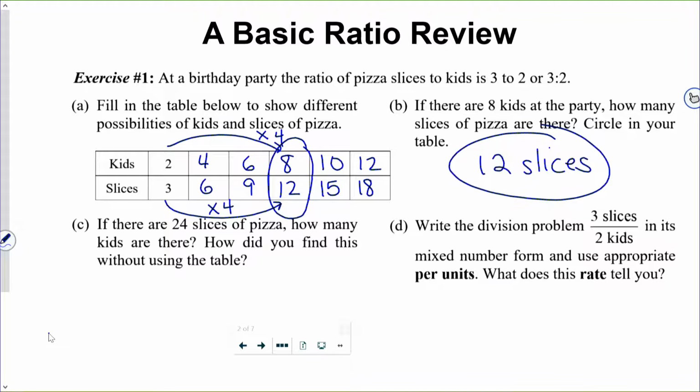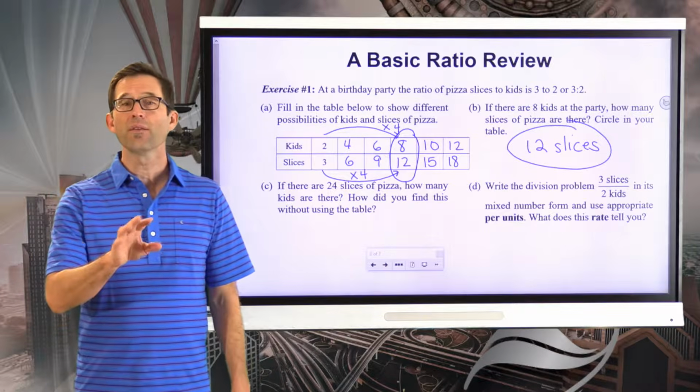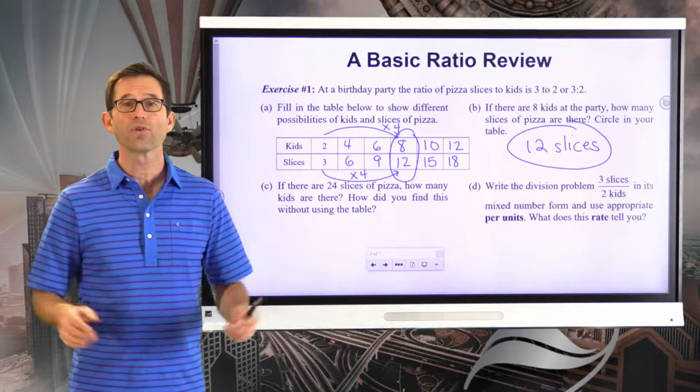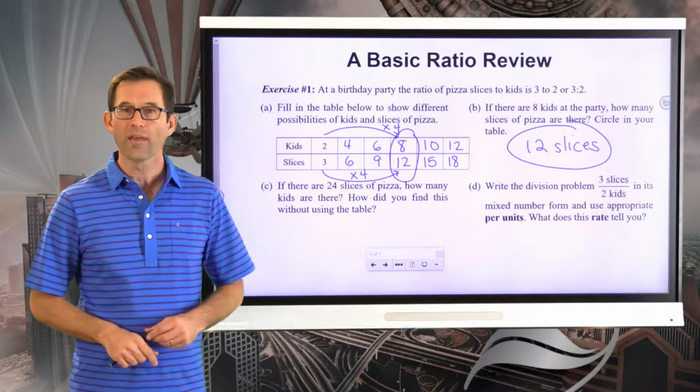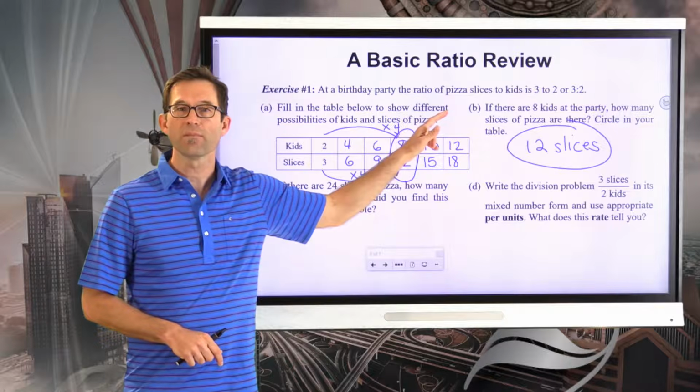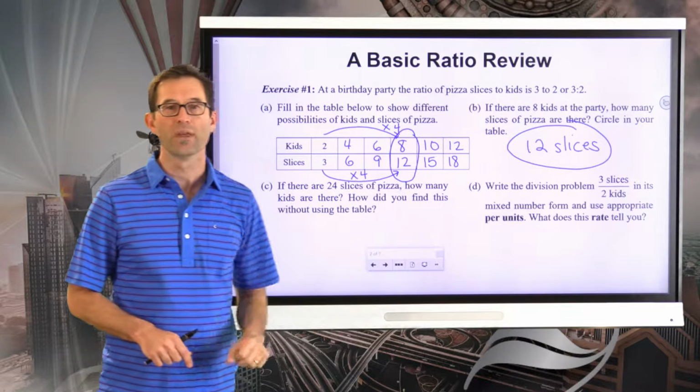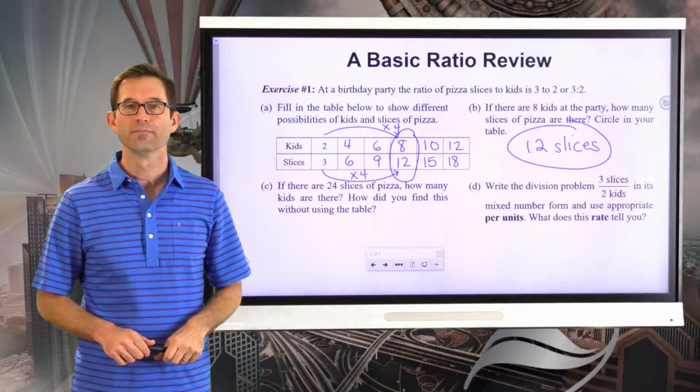If there are 24 slices of pizza, how many kids are there? How did you find this without using the table? So what I'd like you to do is think about this a little bit. If I know that there are 24 slices of pizza, how many kids are there if there's this ratio of 3 slices of pizza for every 2 kids? Think about that for a moment.